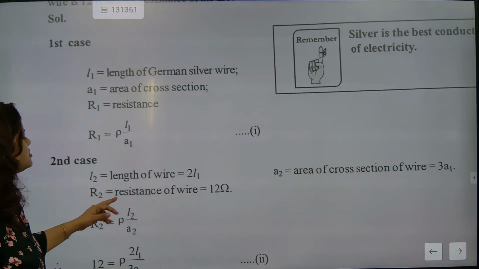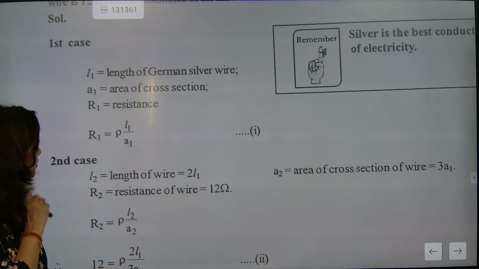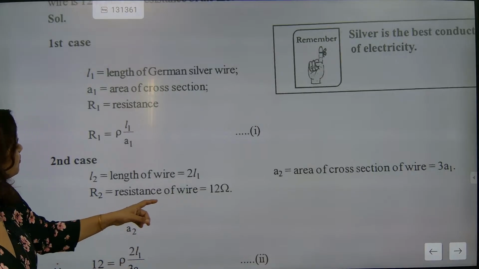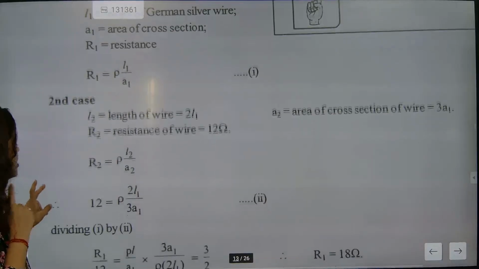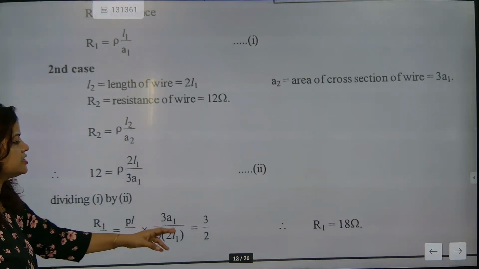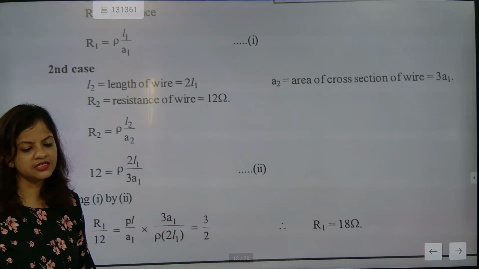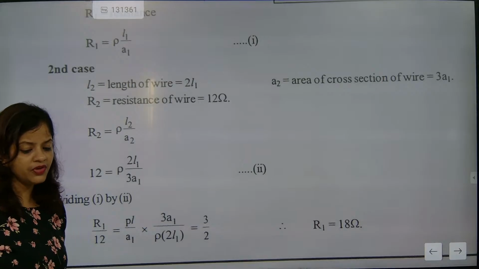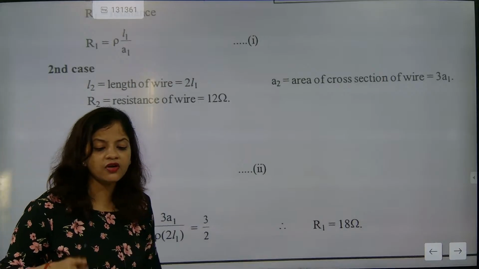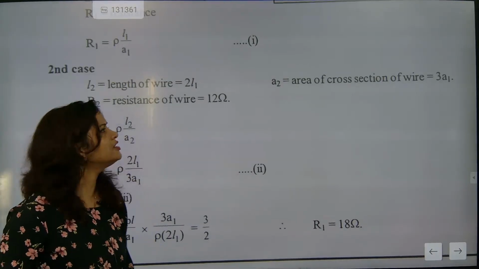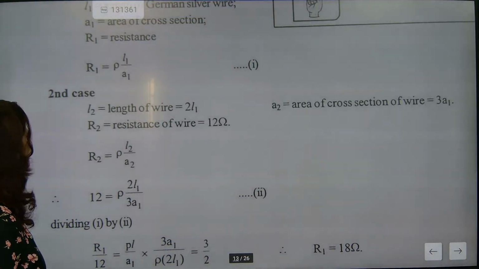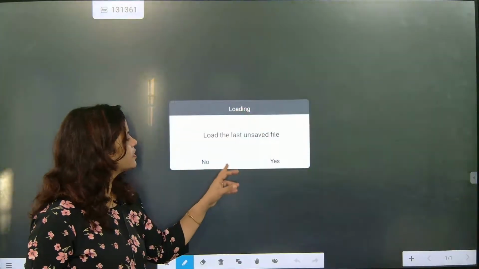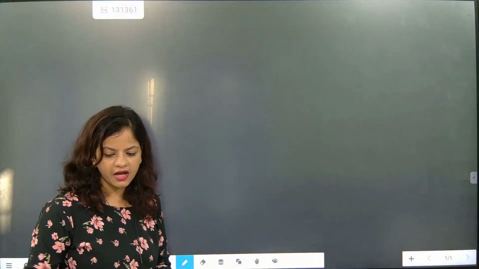The resistance of the wire in the second case is given as 12 ohm. What is the resistance of the wire in the first case? It is coming as 18. But we need to solve it, it is a very complicated part. So let's solve this question in our own way.